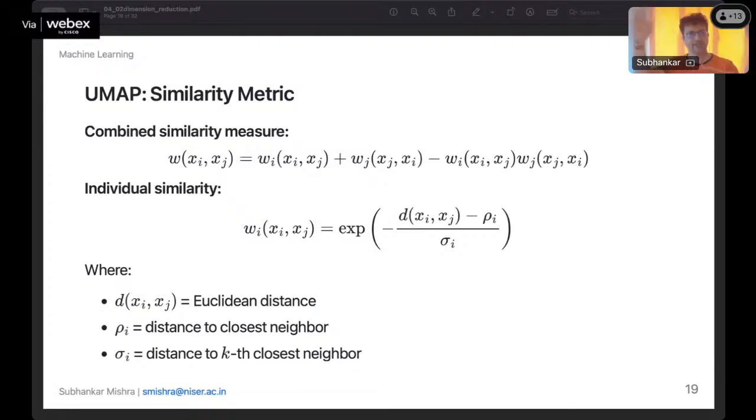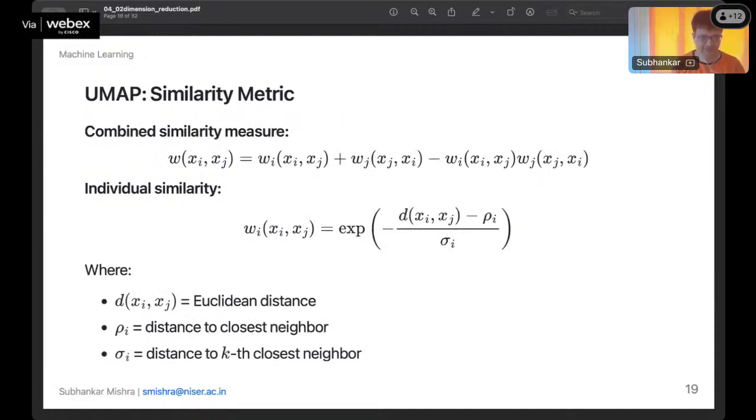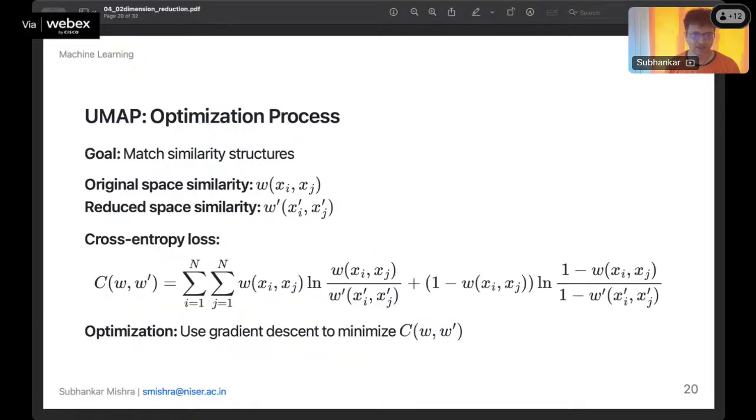So in high dimensional space we have this similarity, and in low dimension we also use this equation to find similarity. We define this similarity metric, find the similarity between two points in the original space, and find the reduced similarity in the low dimensional space.